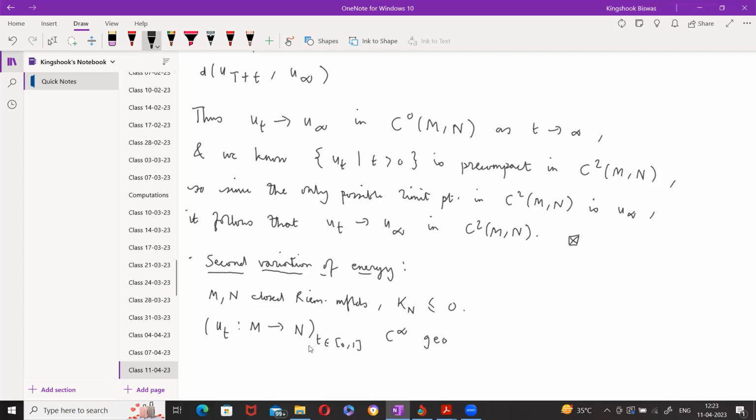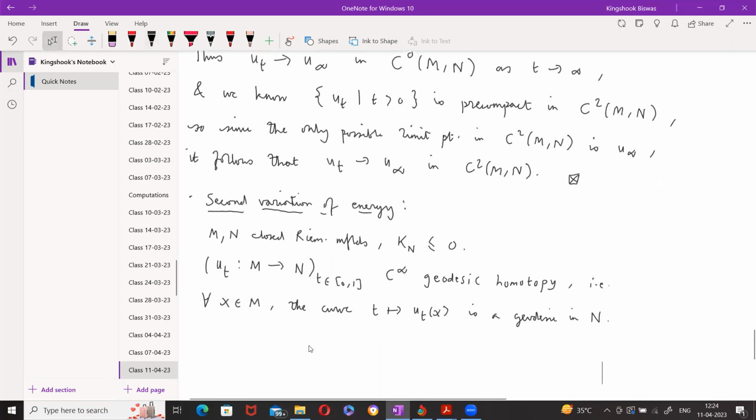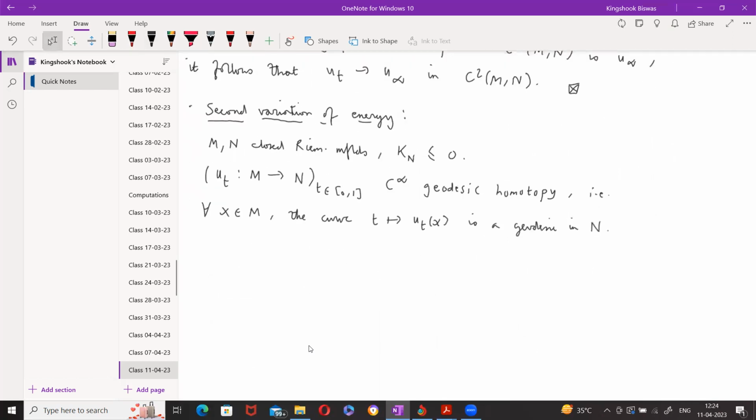So what does it mean to be a geodesic homotopy? That means that for all x in M, the curve t goes to u_t of x is a geodesic in N. So this is the kind of homotopy we constructed in the last theorem, right?